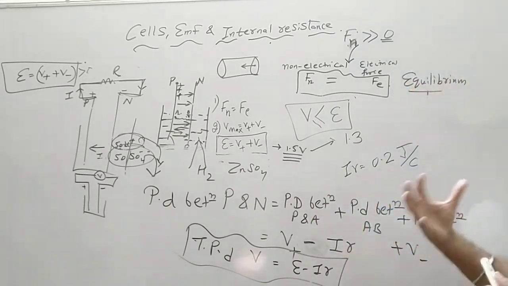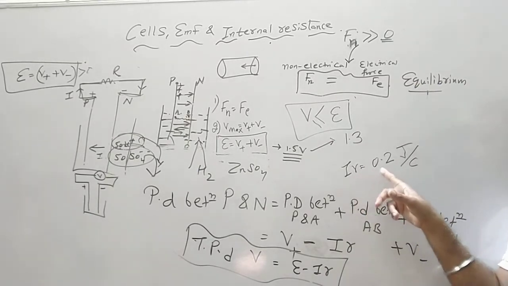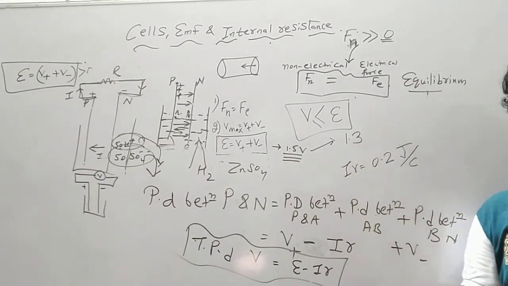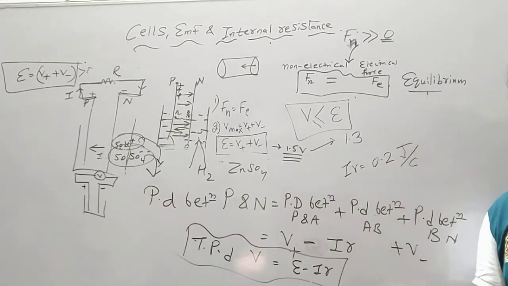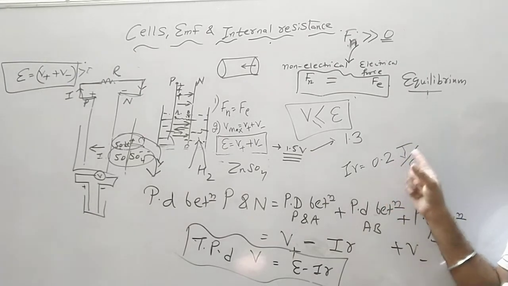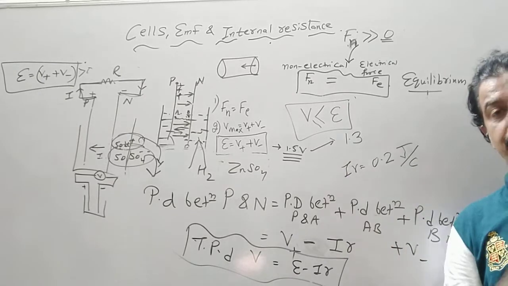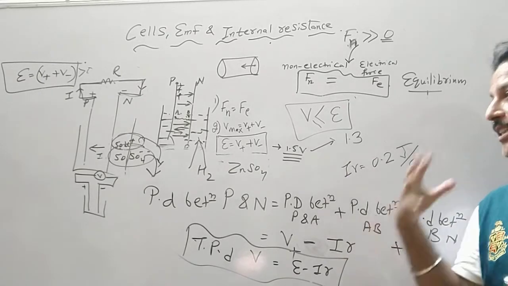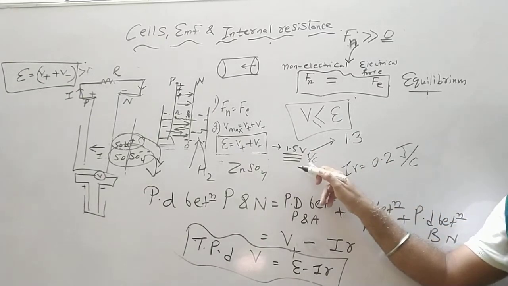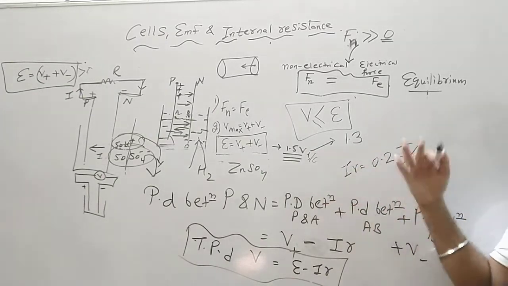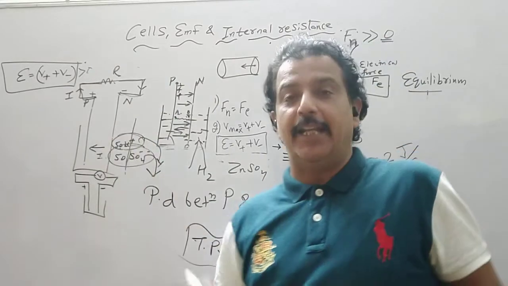You understand this? What is this IR? If I get 1.3 when measuring this, it means 0.2 joule per coulomb is being used up. The energy available was 1.5 joule per coulomb, but 0.2 is being used up by the ions.